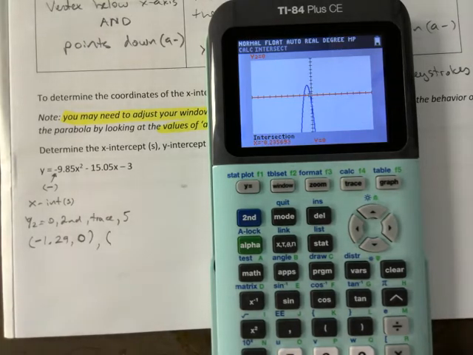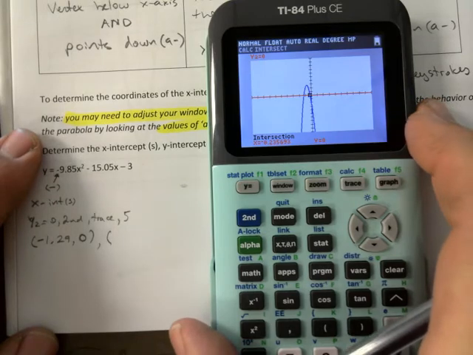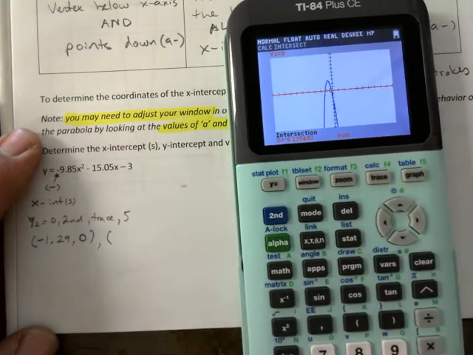And it's going to find that intersection. So basically, it's always going to be second trace 5, go to it, and then enter 3 times. And then it's going to pop up on your screen. We're going to do more of these. I'm going to do one more after this. So don't panic too much right now.